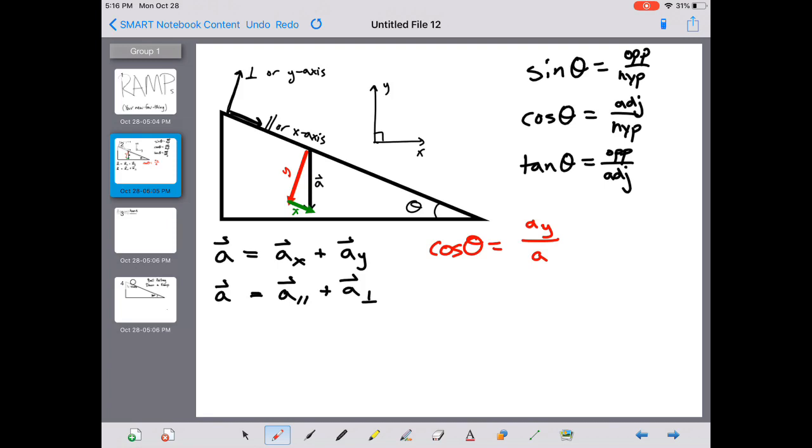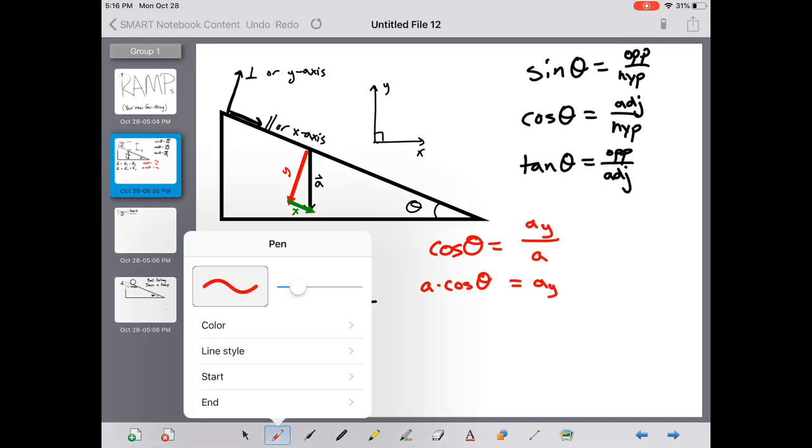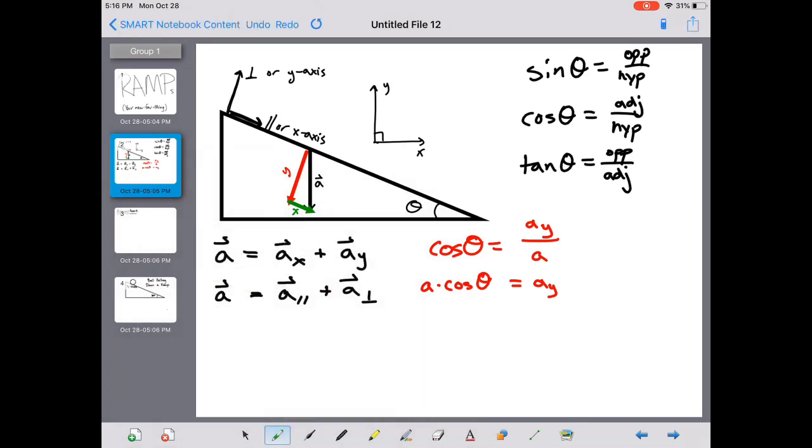So if I rearrange this, I get that acceleration times cosine of theta is equal to my acceleration in the y. For the x, it's the same process, except for the x world we use sine, and this becomes acceleration in the x over acceleration, so a times the sine of theta is equal to acceleration in the x direction.